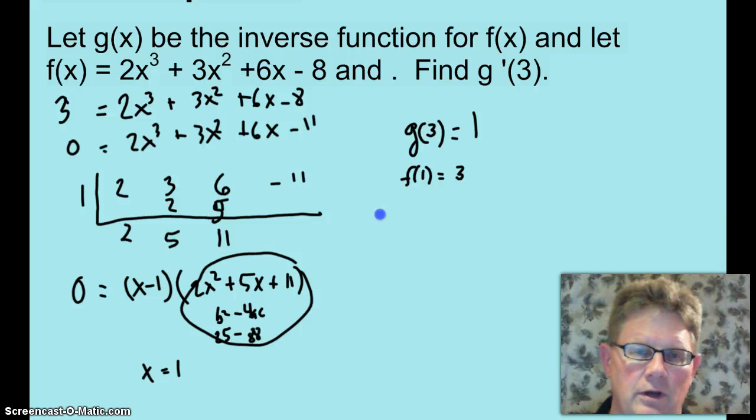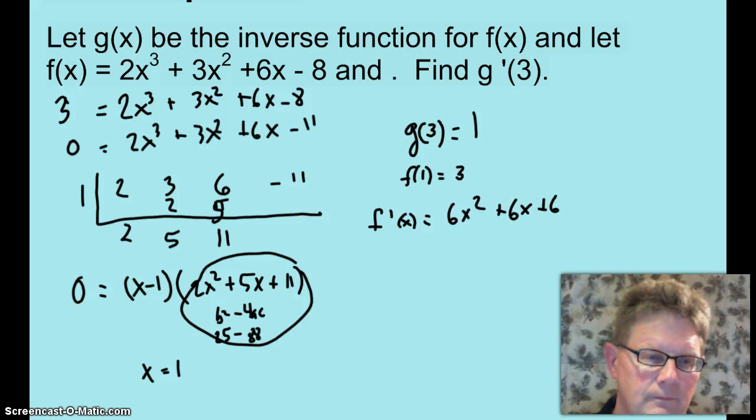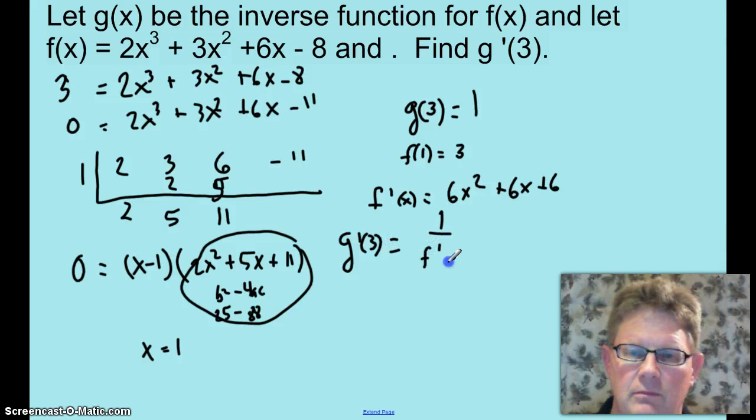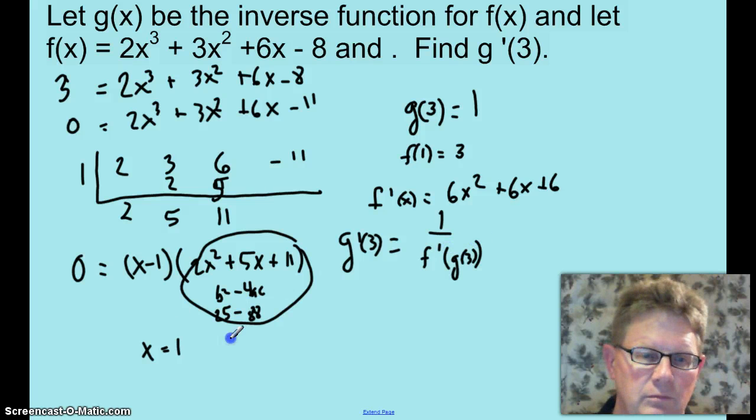So let's find out what f prime is. F prime of x equals 6x squared plus 6x plus 6. So g prime of 3 equals 1 over f prime of g of 3. We just determined that g of 3 equals 1.